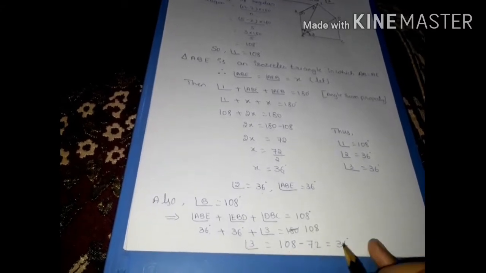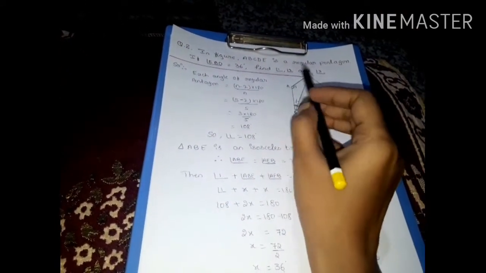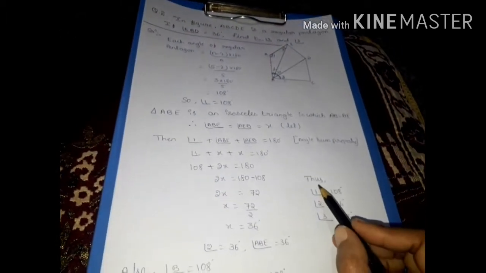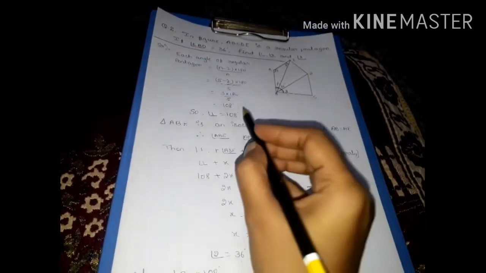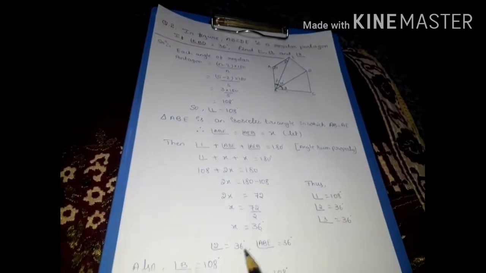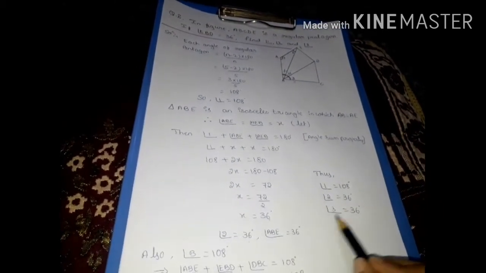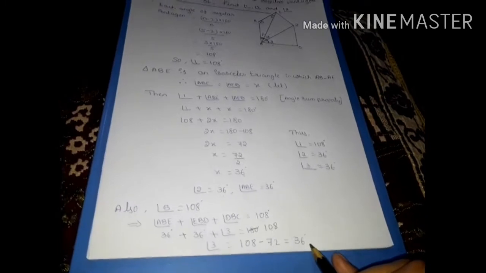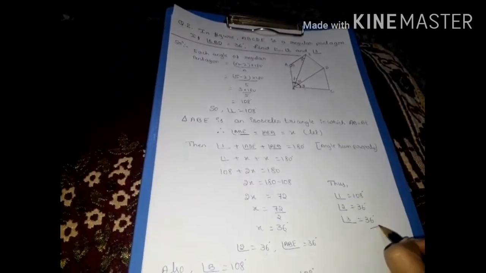Then angle 3, how much did we get? 36 degrees. In the question, they asked to find angle 1, angle 2 and angle 3. We found all these angles. Thus, as the last conclusion you have to write: angle 1 is 108 degrees, angle 2 is 36 degrees and angle 3 we got 36 degrees. This completes Hart's second question.